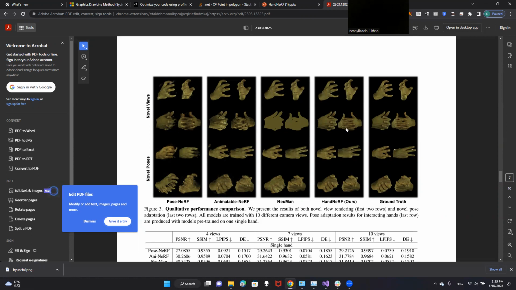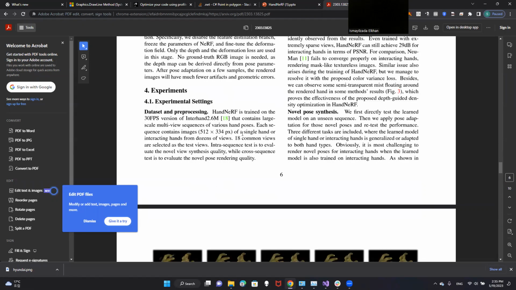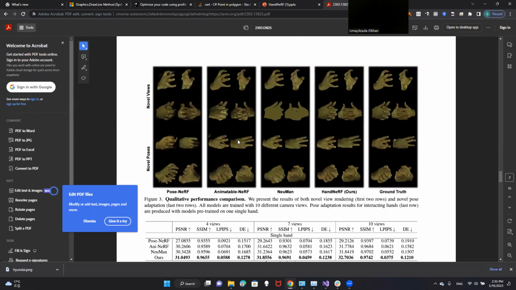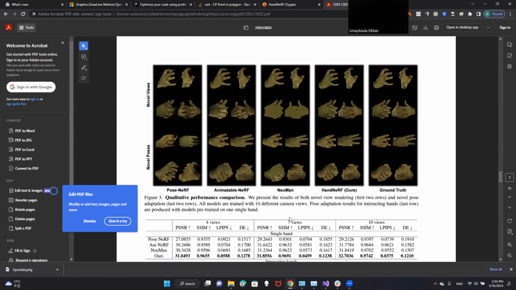The inputs are usually, for this data set they use, some 18 views from different directions. In this Figure 3, what is the input? I guess it's some select few number of inputs, but the rendered images, it seems, are only for the validation set.